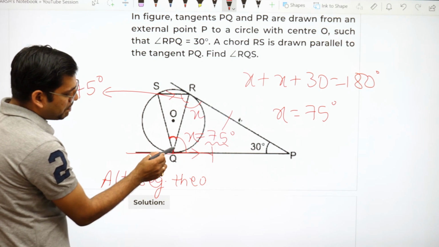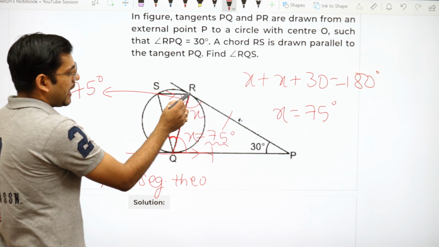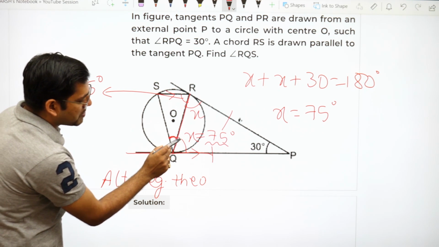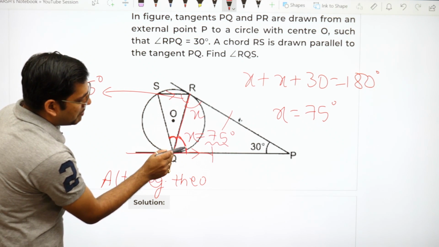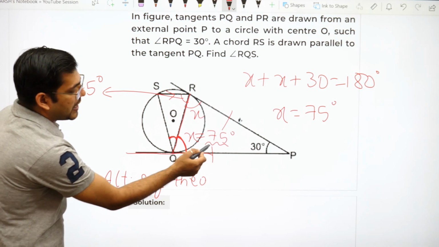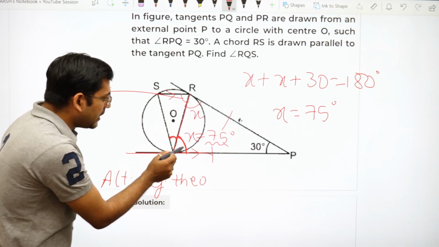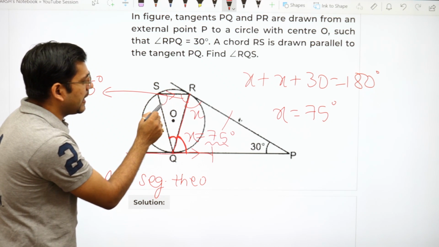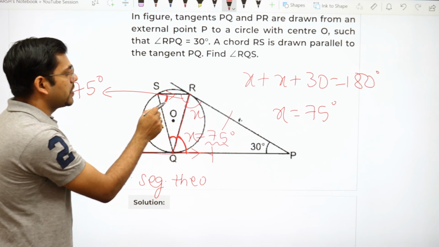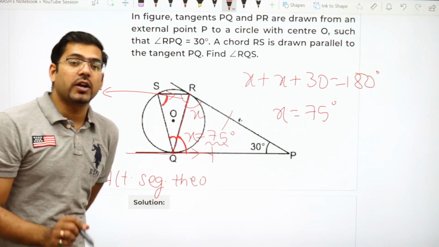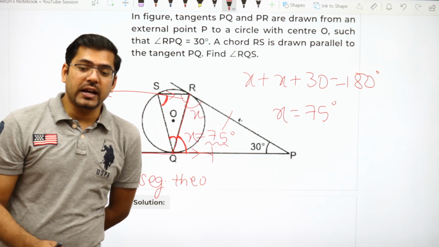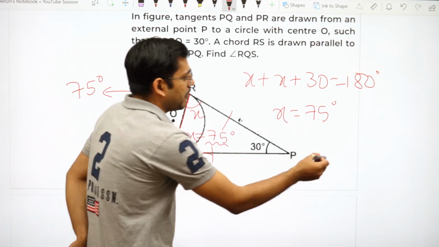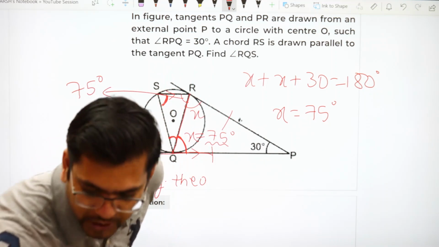Now if this PQ is a chord, and if this RQ is a chord, and this RQ is making an angle with the tangent that is 75 degree, then this chord RQ will subtend the same angle at the remaining portion of the circle. This is what is called the alternate segment theorem. Guys, again pay attention, I will make you understand this alternate segment theorem.